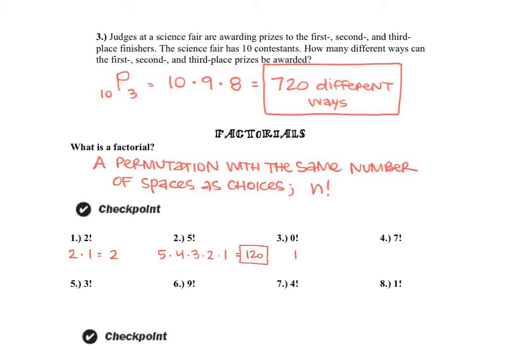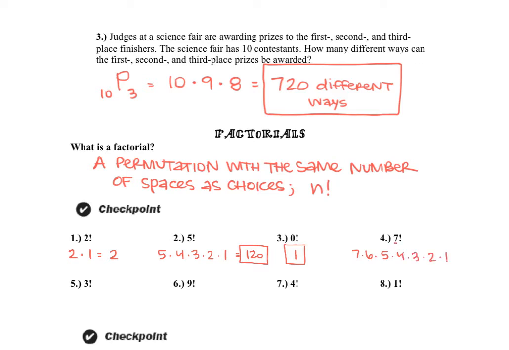It's actually 1. You don't need to worry about that too much, other than if you see 0 factorial, you just need to know that it's 1 because in order to solve more complicated problems, 0 factorial comes out as 1.